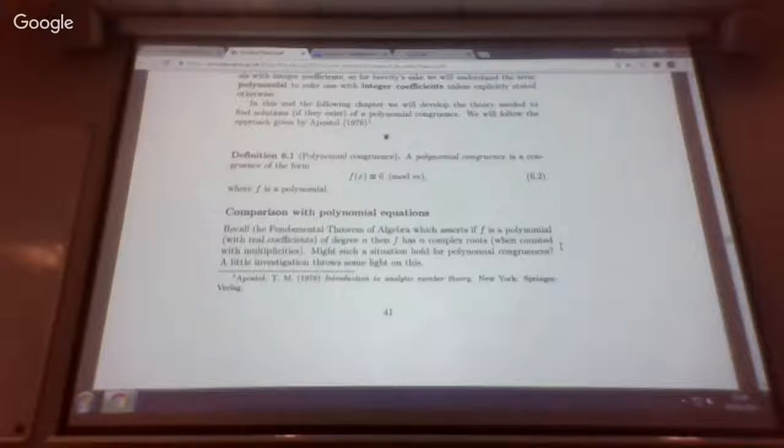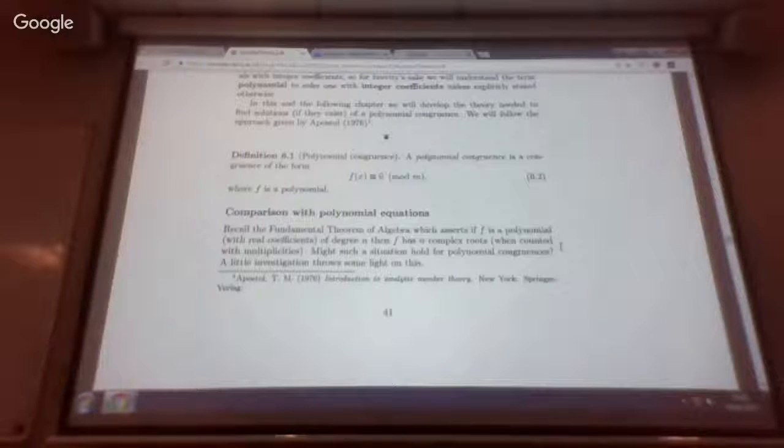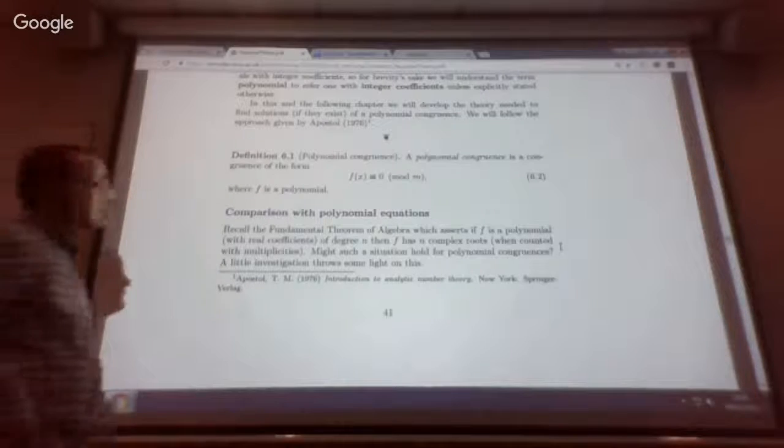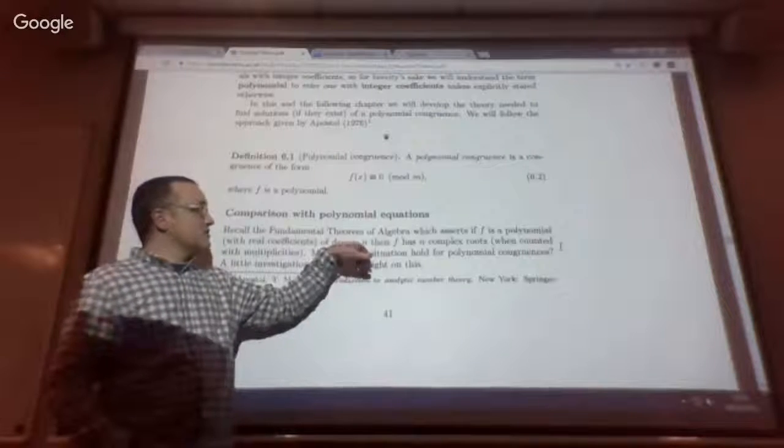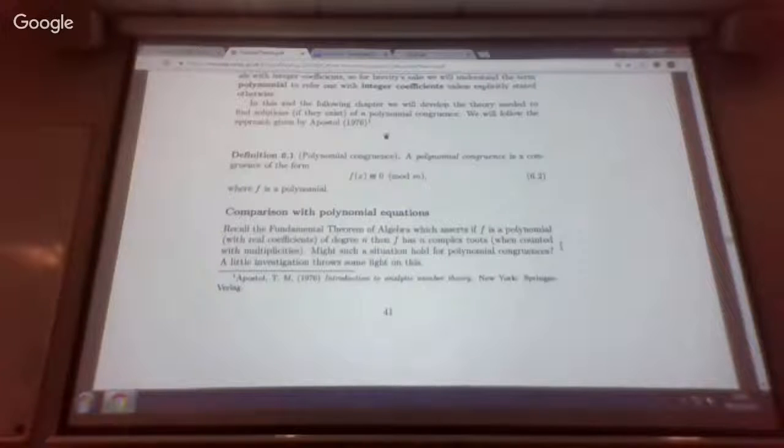So just to say a little bit, we've been referring to polynomial equations. In polynomial equations, we have an important theoretical result, or an important classifying result called the fundamental theorem of algebra, and that says that any polynomial with real coefficients or indeed complex coefficients, if the polynomial function has degree n, then the polynomial will always have n complex roots.